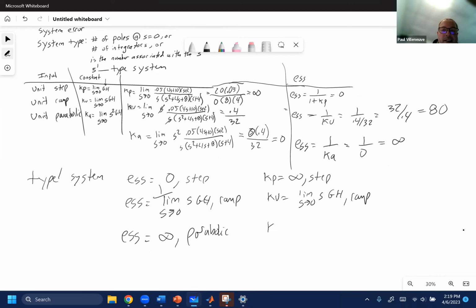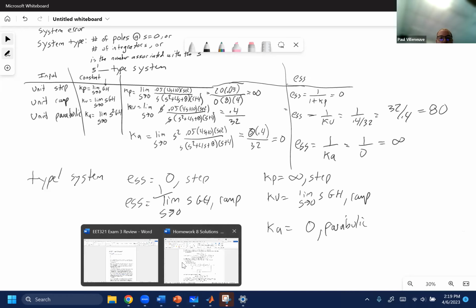And k sub a is not even a limit, it's just going to be equal to 0 for parabolic. This is for a system type 1. And essentially, that was the answer we were looking for.